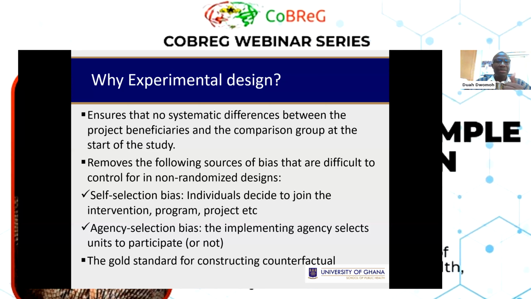The other thing that experimental study design is going to do is to remove sources of bias. One is what you call self-selection bias. Remember that you can only offer an intervention, but the take-up is voluntary. You cannot force anybody to take up the intervention. So if you say that you have, for instance, health insurance, people that voluntarily come to take up the health insurance may be people who are sick. So if you just compare those that picked up the intervention against those that did not, and you look at the changes in the outcome measure of interest, you end up saying that, oh, those that benefited from the health insurance did not see improvement in their health outcome.